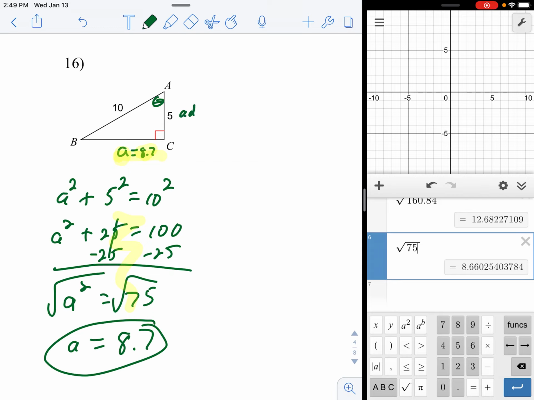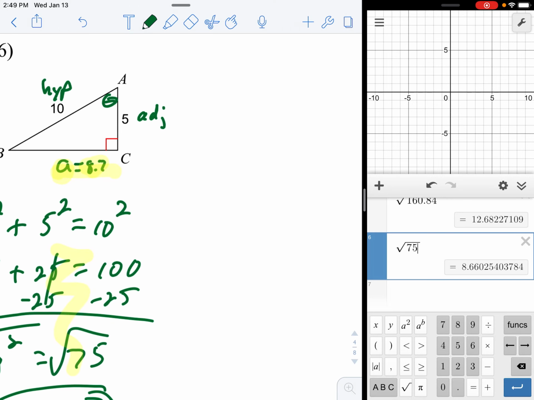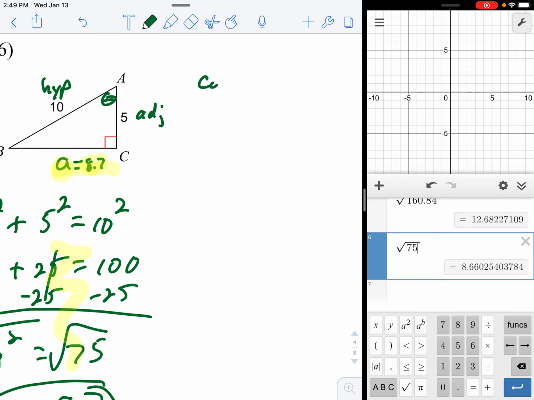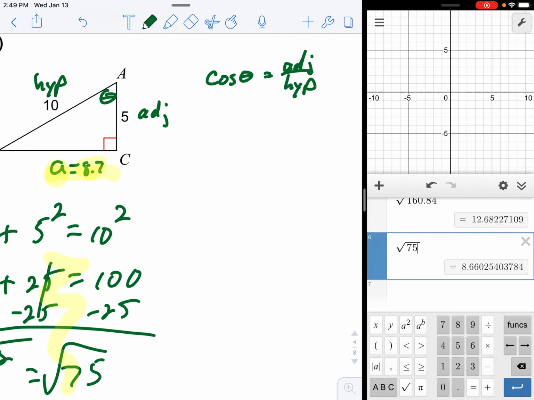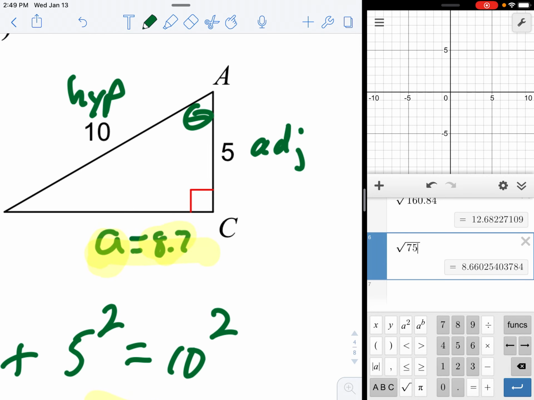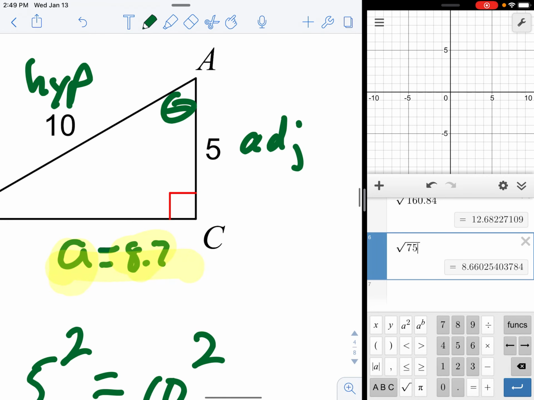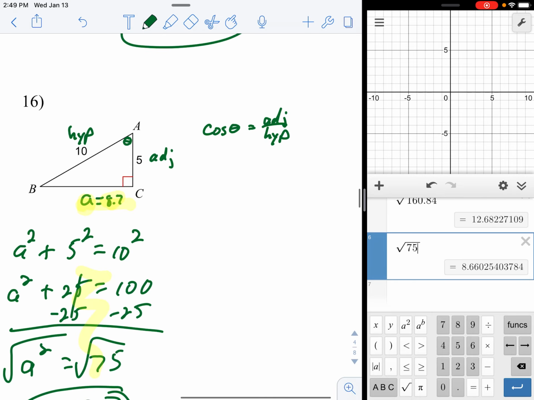5 is the adjacent, 10 is the hypotenuse. What formula has adjacent and hypotenuse? That's going to be cosine. Cosine of theta equals adjacent over hypotenuse. By the way, I do realize that my theta was sloppy, so I erased it and rewrote it equally sloppy. So that's me all over. Okay, there we go, theta.